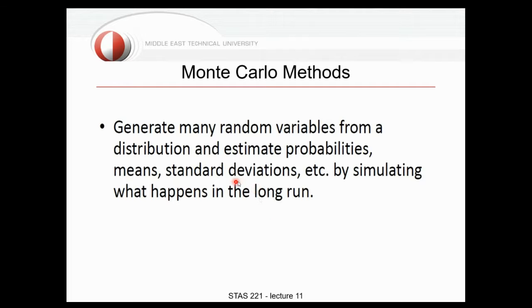Okay, so there are two important points here. We said distribution, we didn't say which type of distribution. That's the beauty of the Monte Carlo method. Because we don't care what distribution it follows, we can use this method. And we say by simulating what happens in the long run. It means that manually it's very hard to calculate them.